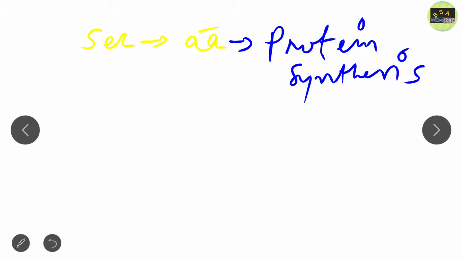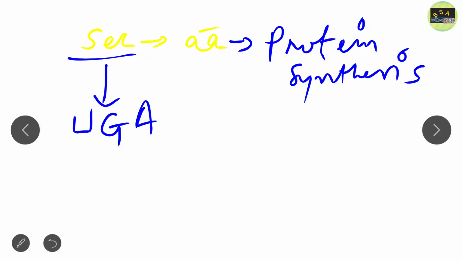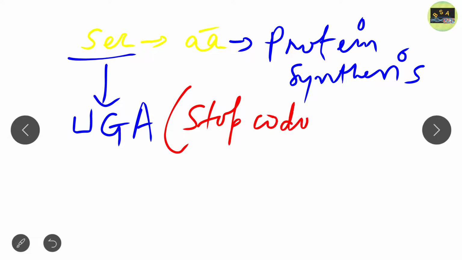However, the problem is that selenocysteine is coded by the codon UGA. Please note it down. But we all know that UGA is a stop codon. It means it does not have any anticodon, clear?